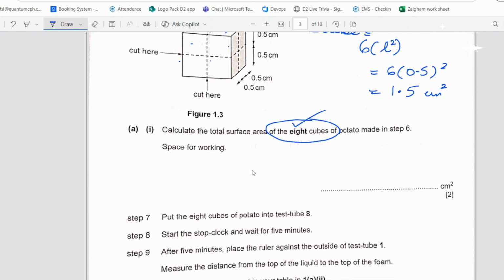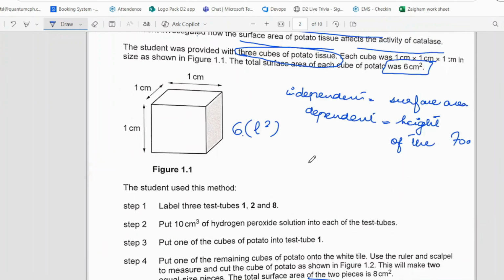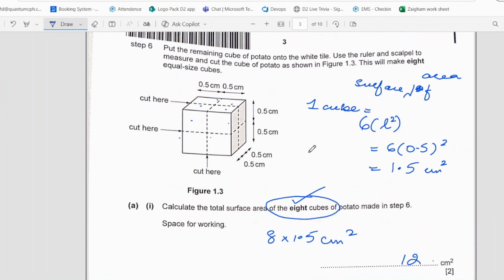You have to do all the working over here: 8 into 1.5 centimeter squared is equal to 12. We found the surface area of 1 cube, and then we multiplied it by 8 cubes.